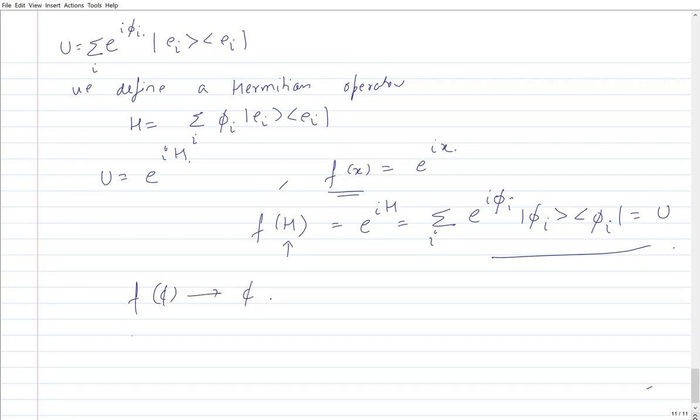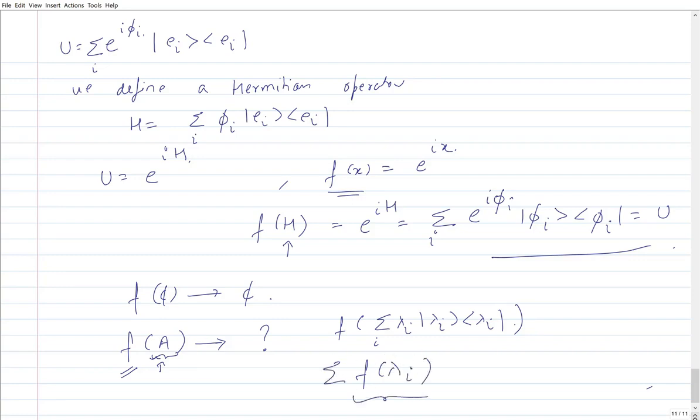So the take-home message is that usually I'm used to defining functions going from complex numbers to complex numbers, but I can also define functions taking an operator as input and giving me another operator. How do I evaluate that operator? Well, that's kind of easy. I'm going to take a spectral decomposition of this guy, and the function part is going to show up as the function of the eigenvalues of the original operator, and this guy is going to retain the same eigenvectors as the parent operator.